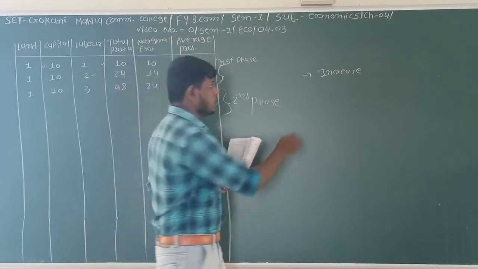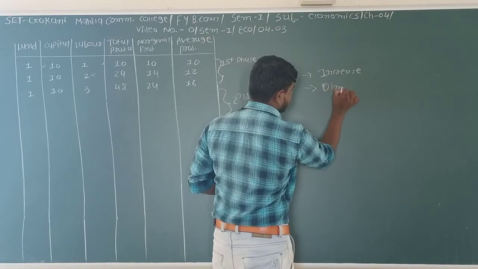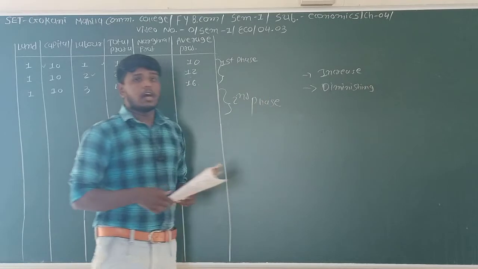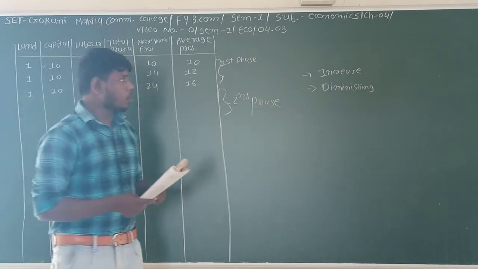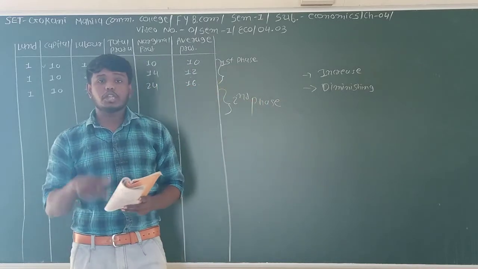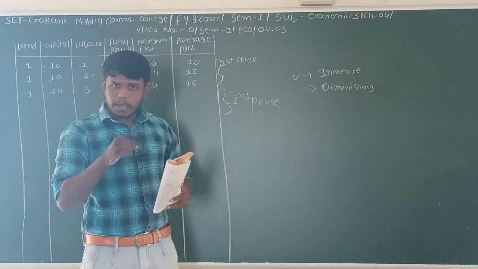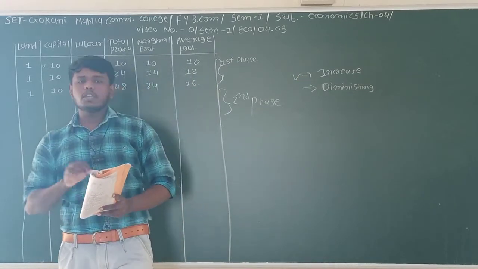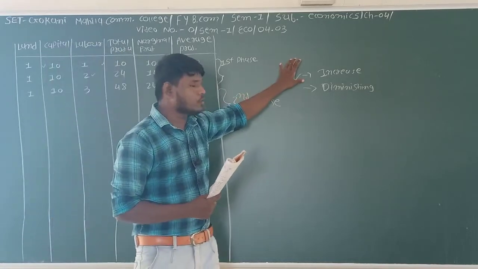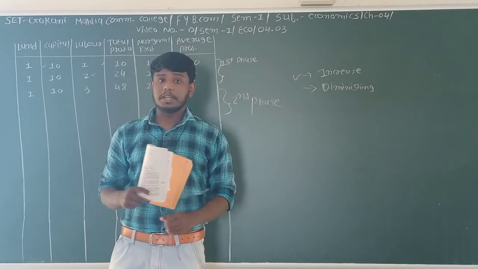After that, it will be diminishing, or you can say ultimately in the second stage it will not give you a higher result as compared to the first stage. If you employ more and more labor in your business operations, in your production system, in the first stage it will give you higher and higher results, but in the second stage it will start diminishing.